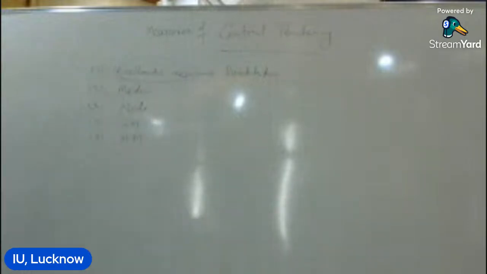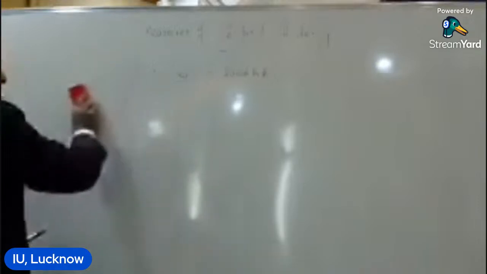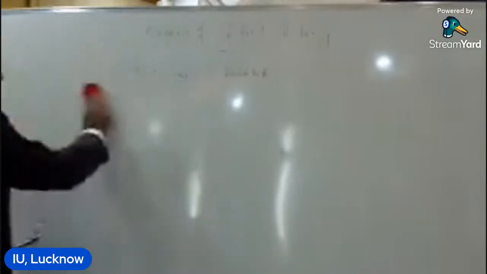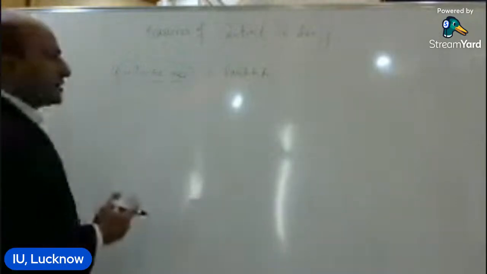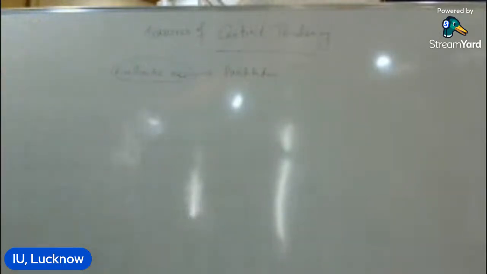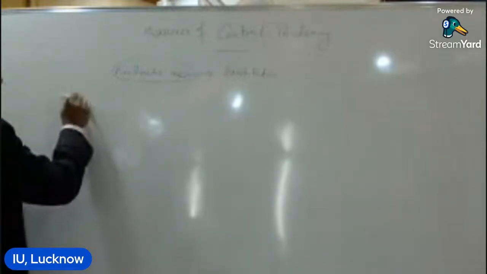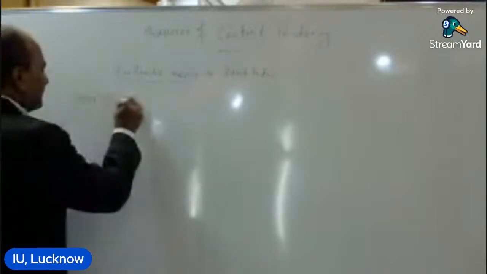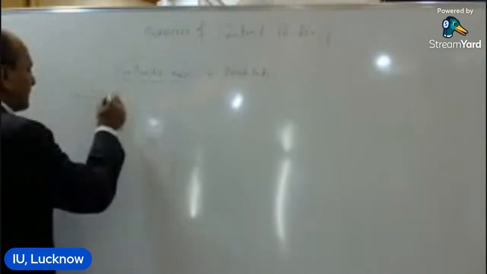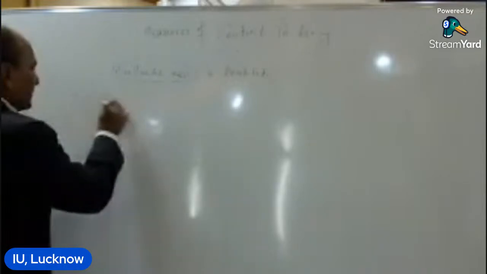So what we discussed in the last class, we just revise. This is the arithmetic mean, and we also discussed how to find it. First, we take the discrete case.